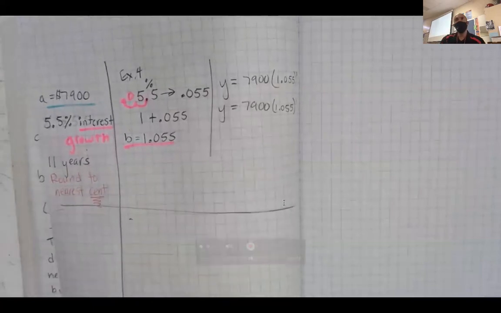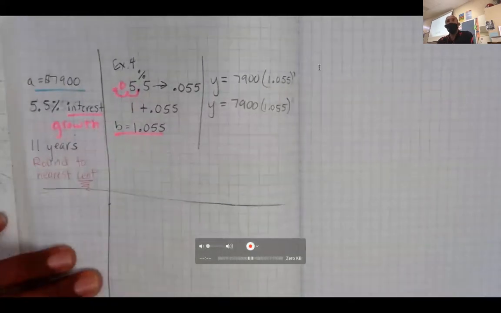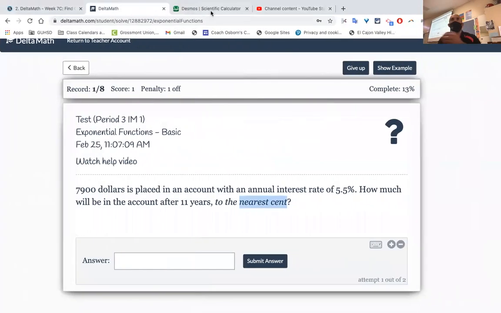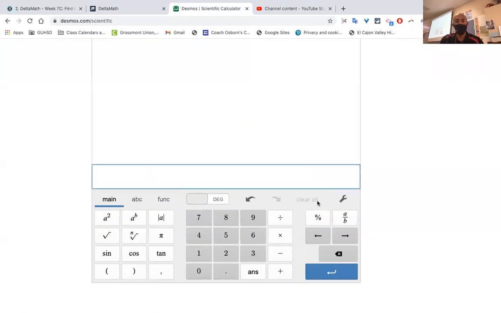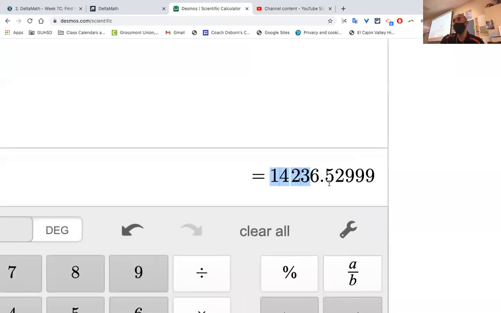All right, so let's do that in Desmos first. Figure that out. So 7900 times 1.055 raised to the 11, and we want to the nearest cent. Remember, a cent means 2 places after the decimal. So 1, 2.